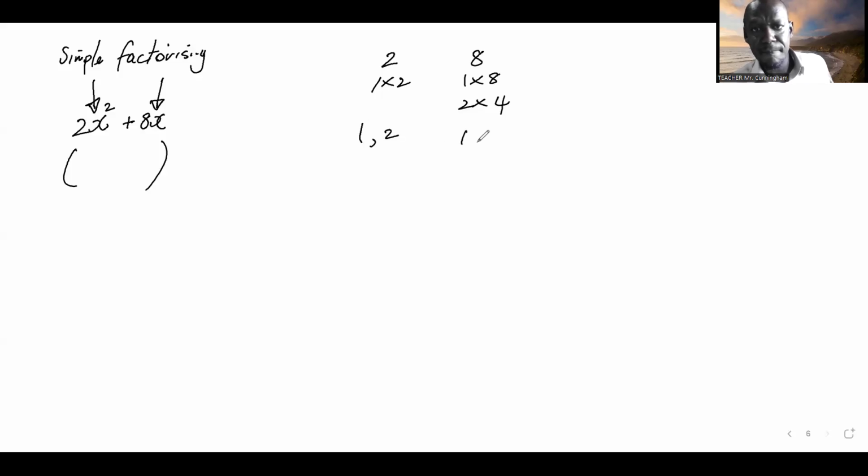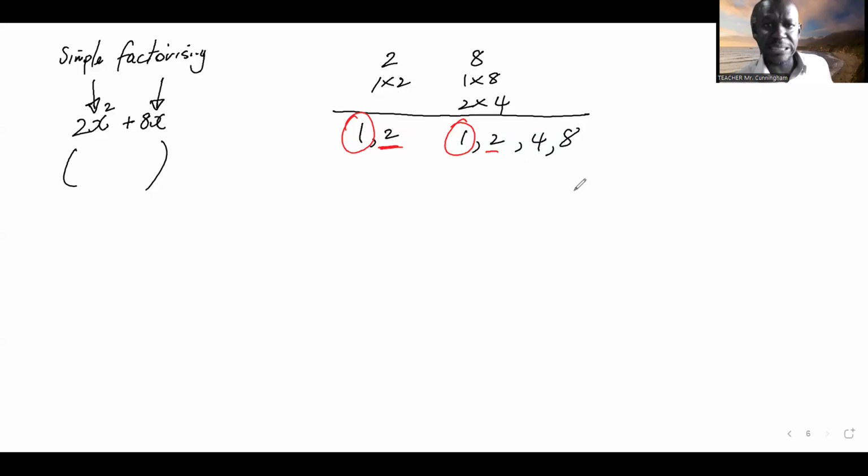What are the common factors of 2 and 8? So it's 1 and 2 for 2, 1 by 8, 2 by 4. The common factors are 1 and 2.